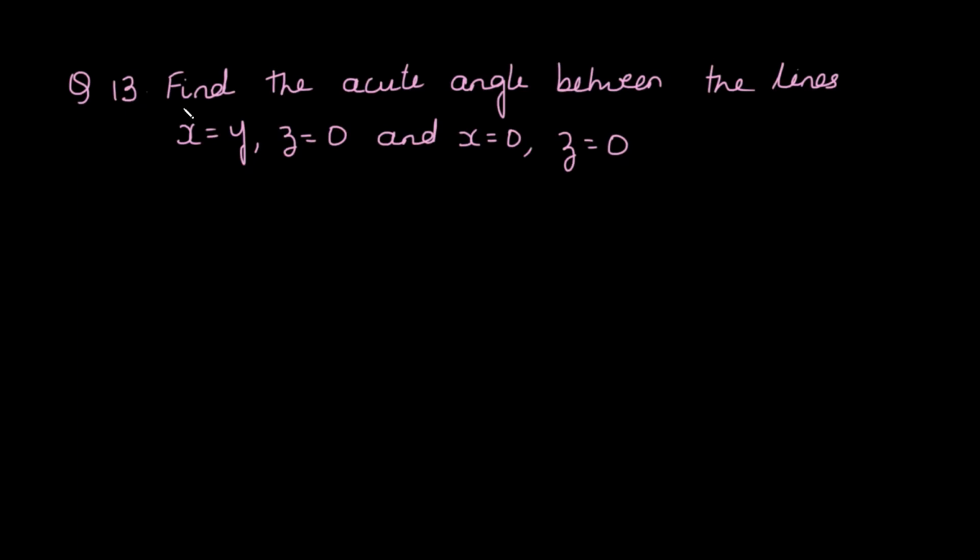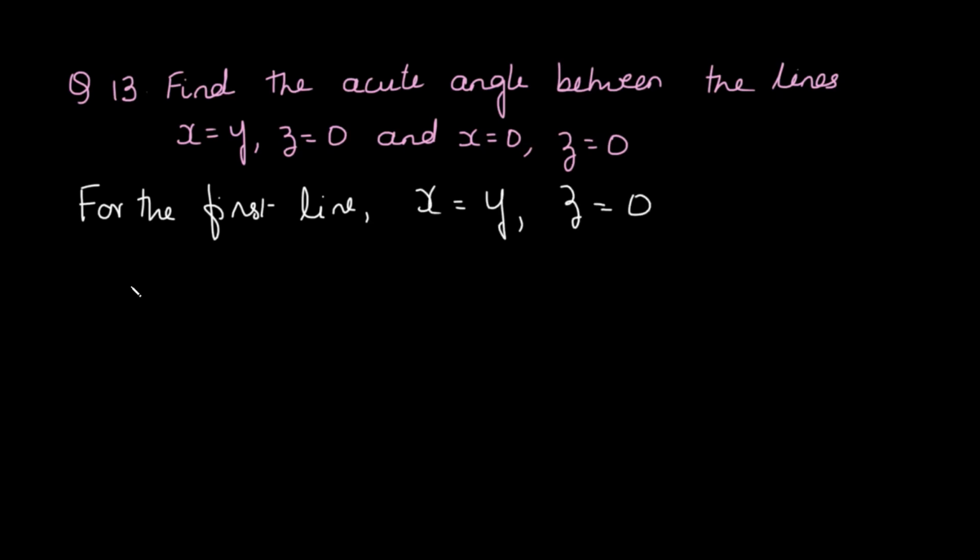Now the 13th question. Find the acute angle between the lines x is equal to y, z is equal to 0 and x is equal to 0, z is equal to 0. Now understand this question properly. For the first line, the equation is x is equal to y and z is equal to 0.